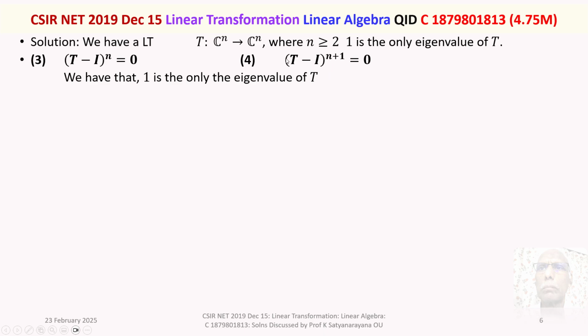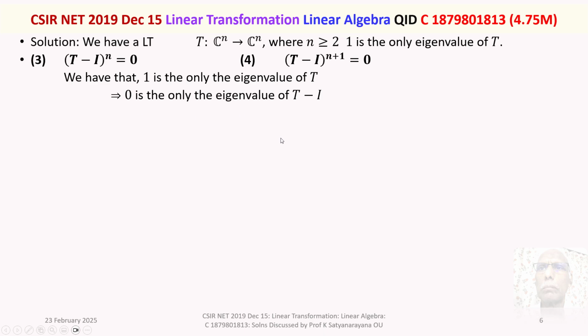The eigenvalues of T, which are 1, minus the eigenvalues of I, which are also 1. So the eigenvalues are 1 minus 1, 1 minus 1, 1 minus 1, n times. That is 0, 0, 0. So 0 is the only eigenvalue of T minus I. Now you recall, who is that matrix?